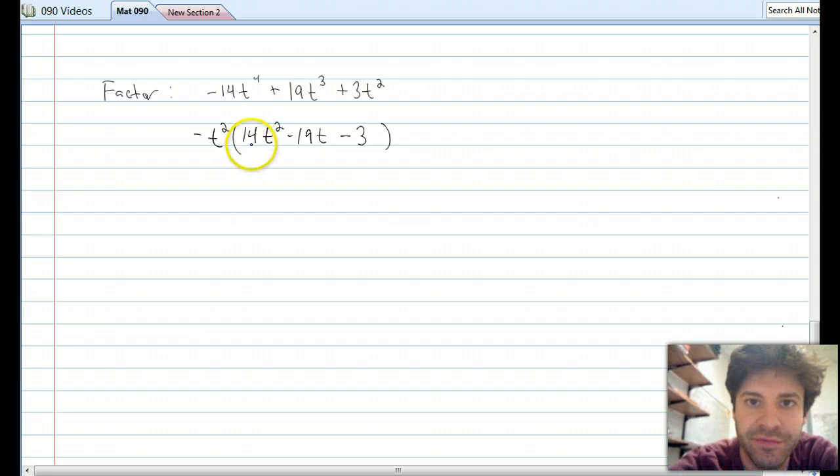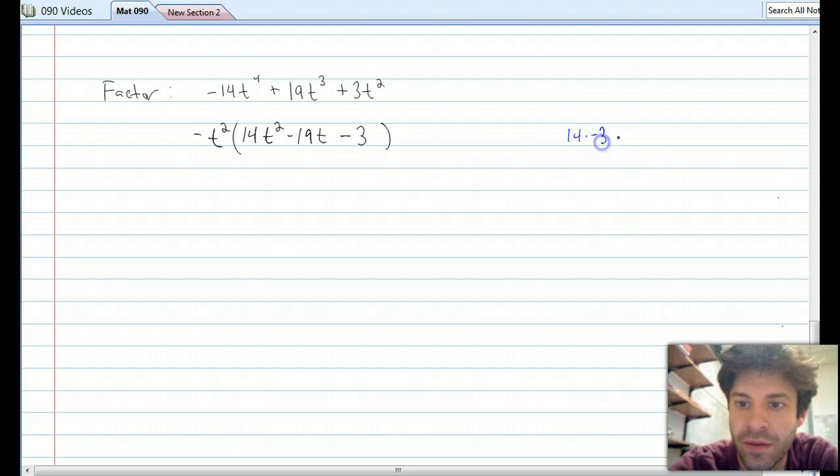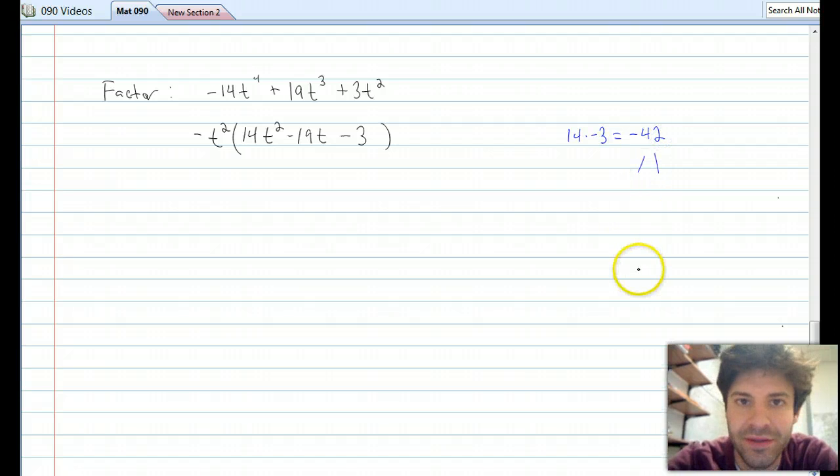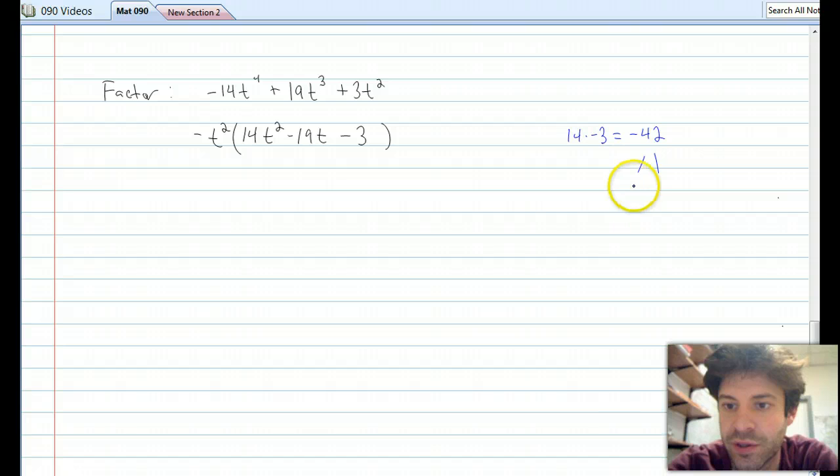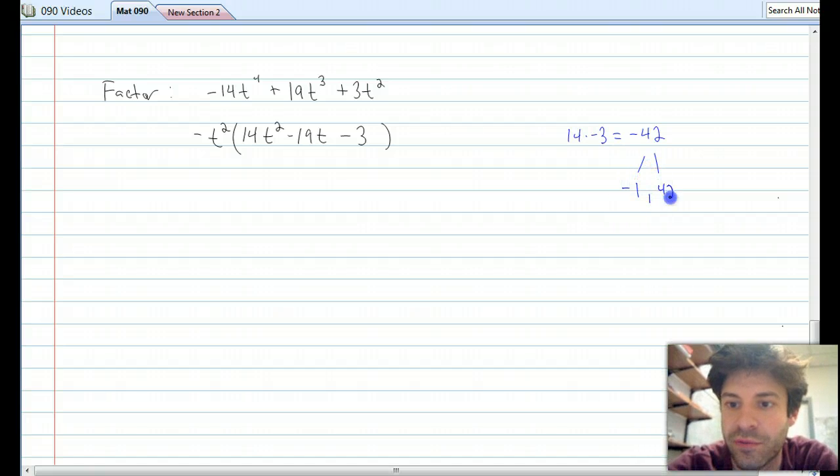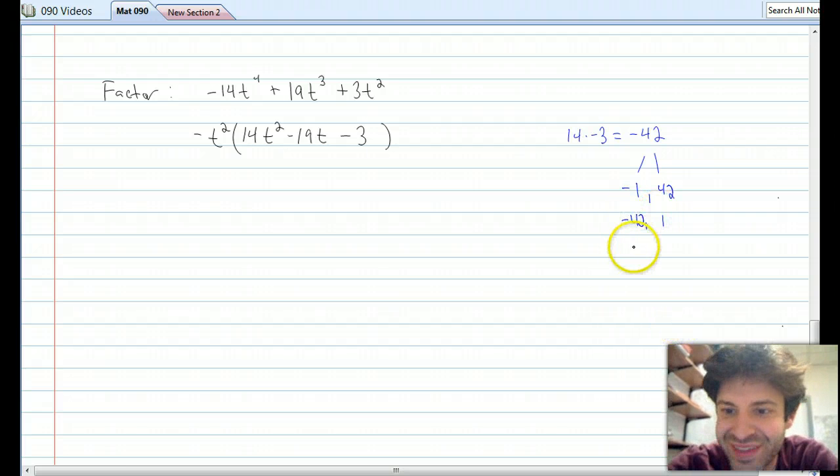That means we're going to take the 14 times a negative 3. That gives us negative 42. Now we need to write down a list of pairs of numbers that multiply to get negative 42. So we'll start with negative 1 and 42, and negative 42 and positive 1.